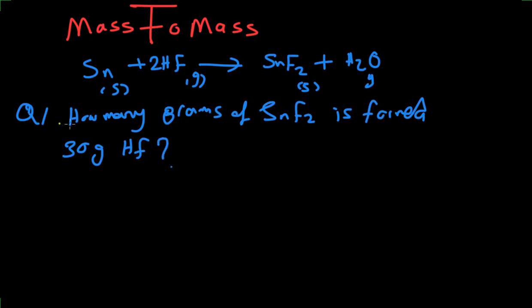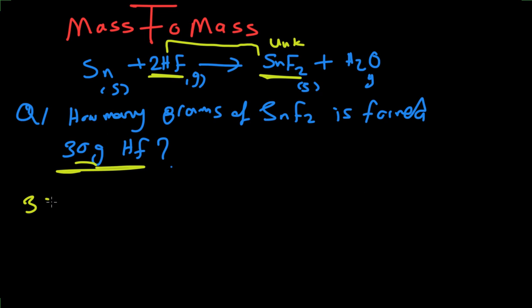Good. So which one is unknown? This is unknown. Which one is known? This is known. So you will make a conversion factor in the second step between hydrofluoric acid and tin fluoride. So mass of HF is given. First of all, you write 30 gram of hydrofluoric acid, HF.